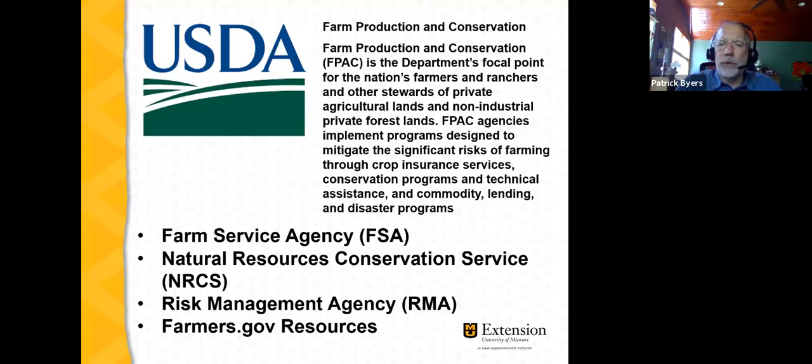The Natural Resources Conservation Service, or NRCS, has a number of programs in place that directly support farmers who are interested in conserving natural resources, our water, our air, and our soil. These programs, in many cases, are cost-share programs that help support innovative production practices. This morning we had a workshop on cover crops, and there are NRCS programs in place to support the use of cover crops.